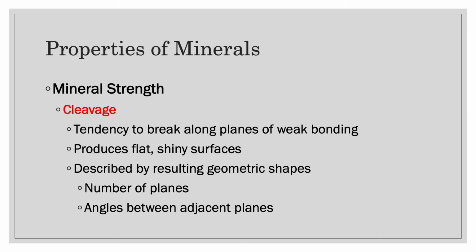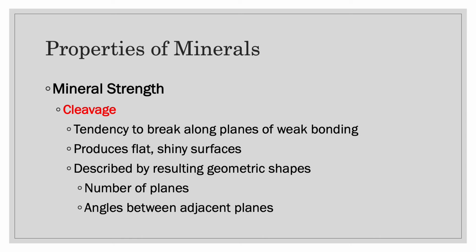So if you remember when we talked about chemical bonding, how covalent bonds were stronger than ionic bonds, and ionic bonds are stronger than metallic bonds. Well, cleavage planes are planes of weakness in a mineral that are the easiest planes for that mineral to break along. And these planes produce flat, shiny surfaces.